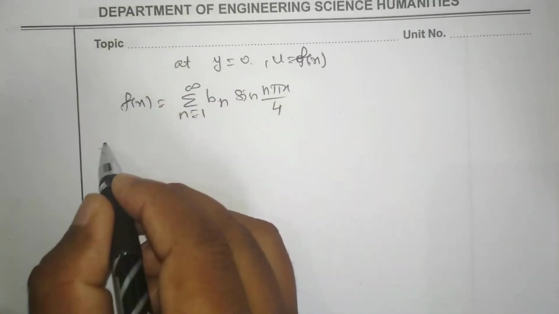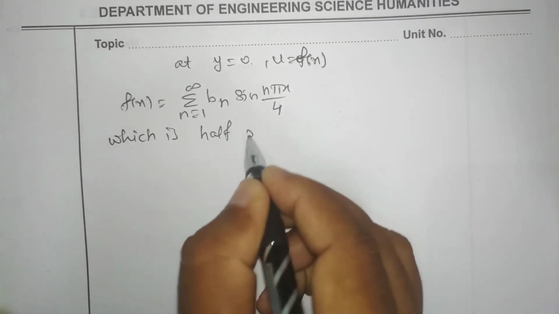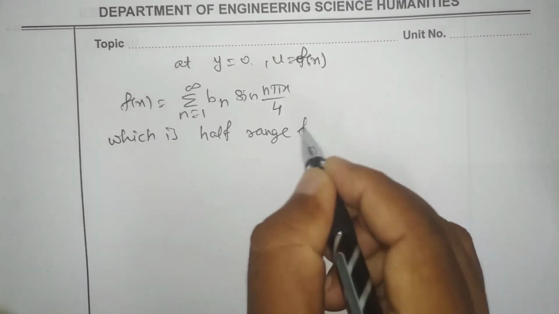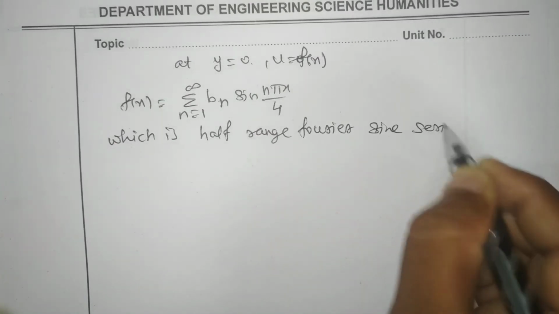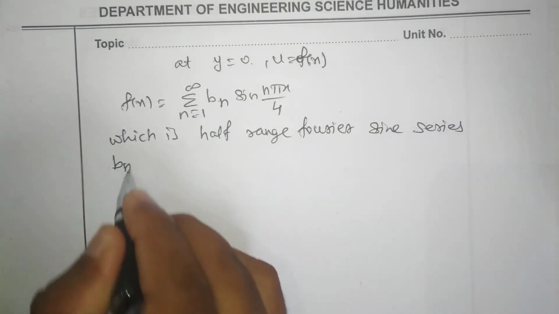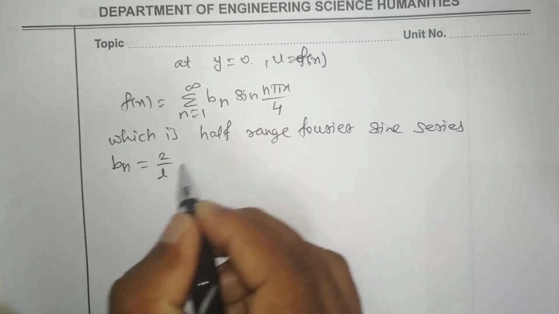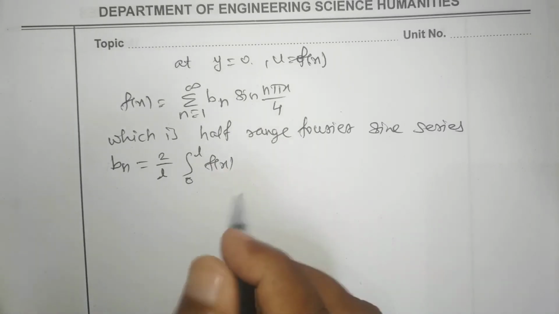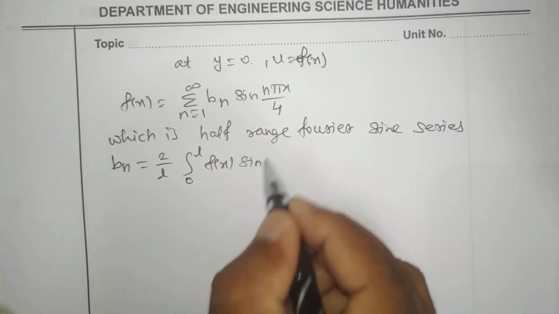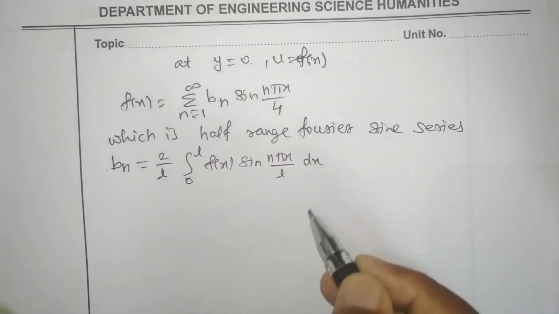So this equation is a half range Fourier sine series, and in the half range Fourier sine series bn is given by 2 upon L integration 0 to L f of x sin(n pi x by L) dx.